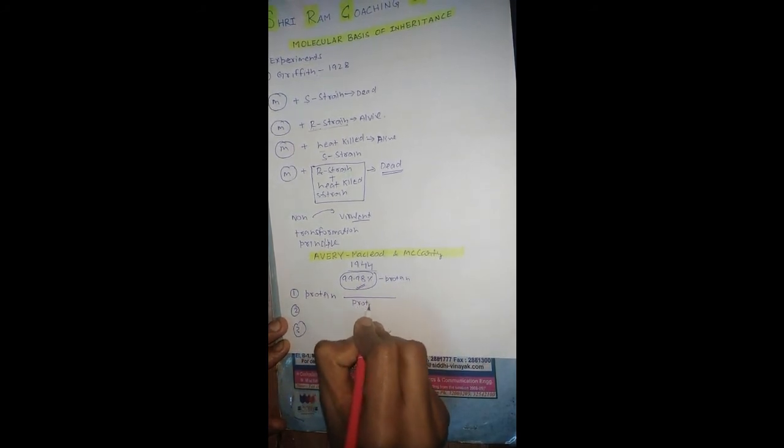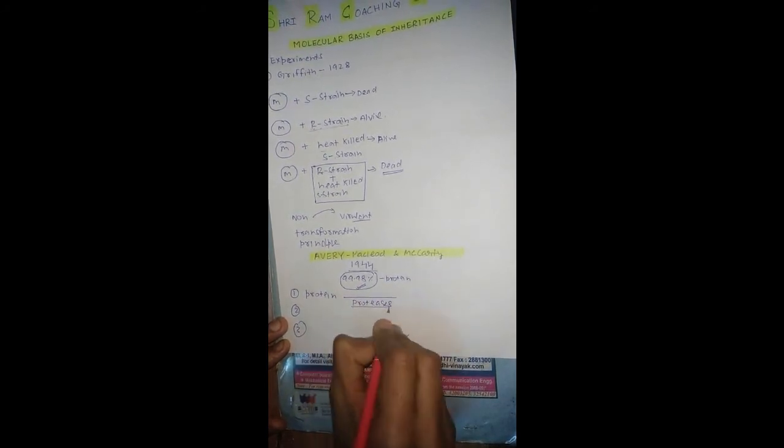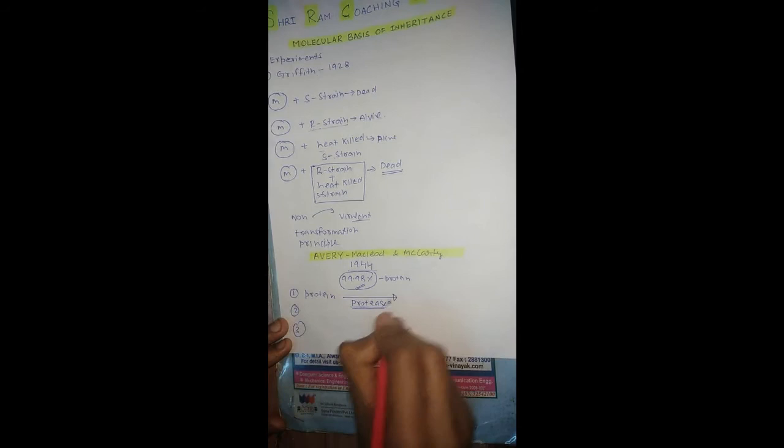So let's start. They purified it and started the experiment in three steps. The first is they take the protein sample and use protease. We know proteases are enzymes which will digest all the protein in the content, so the sample will contain no protein.